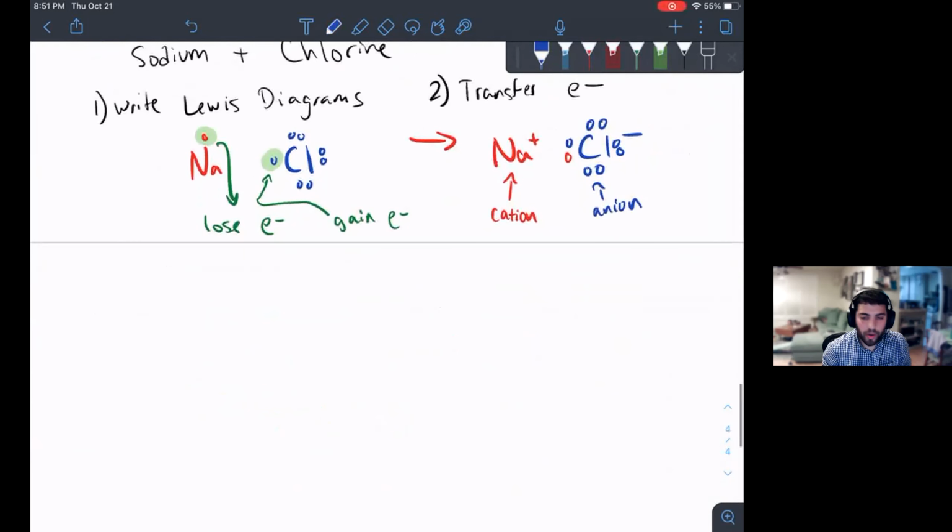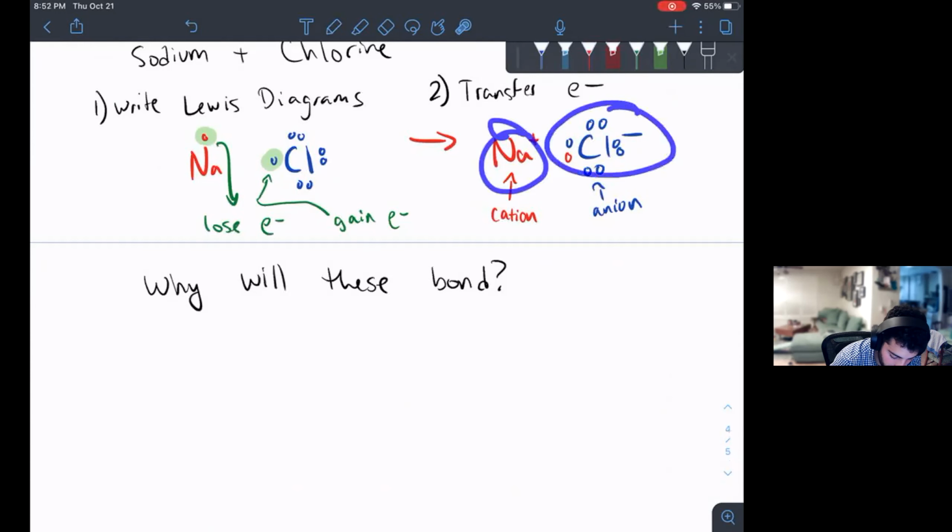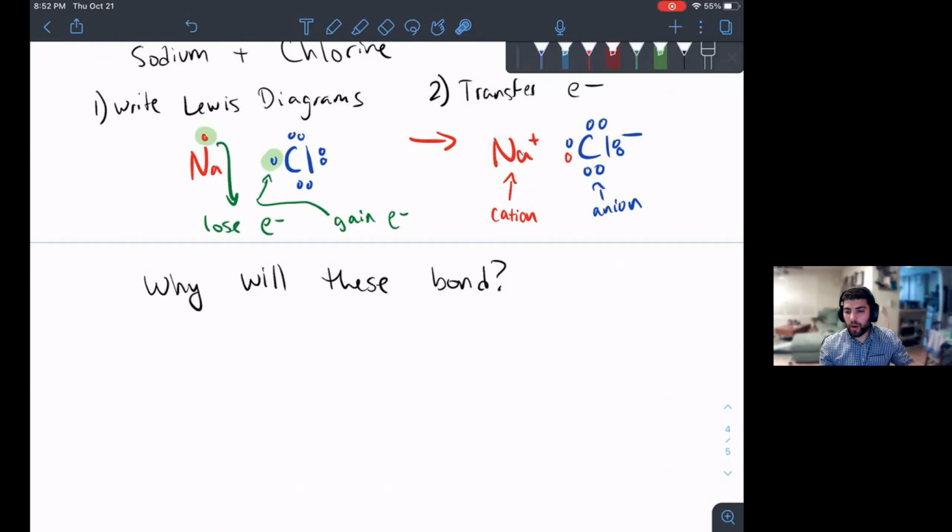So the real big question of this lecture that I'm going to throw in right now, why will these bond? What's bringing them together? What's bringing this positive sodium and this negative chlorine together? Well, same thing as what we see with the protons and the electrons in an atom.